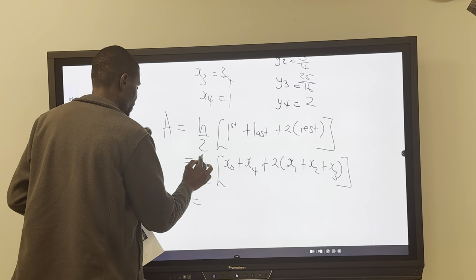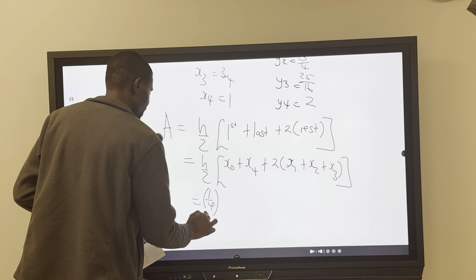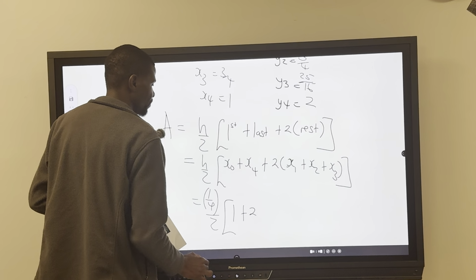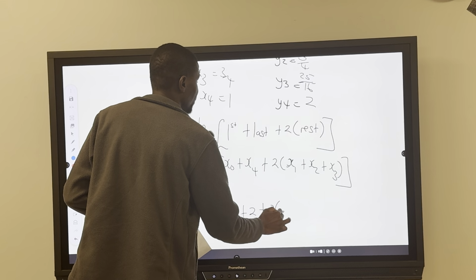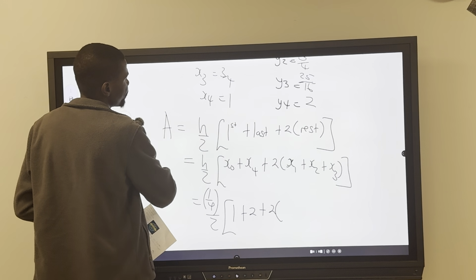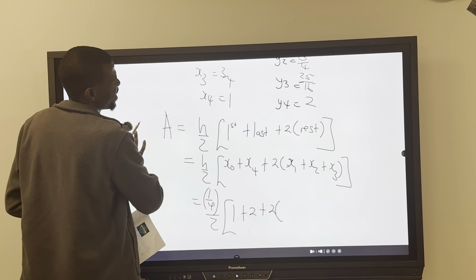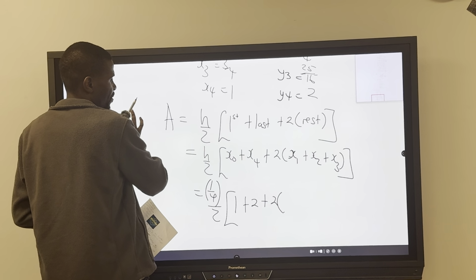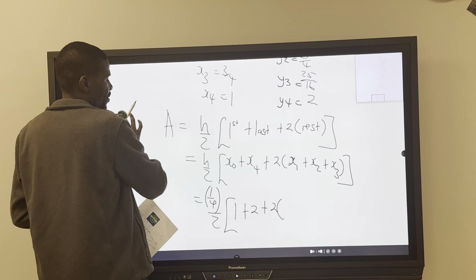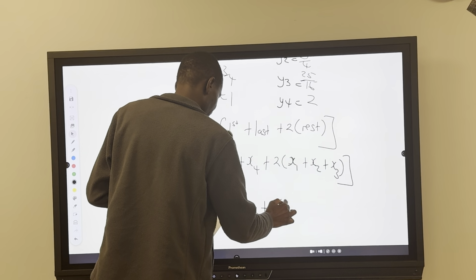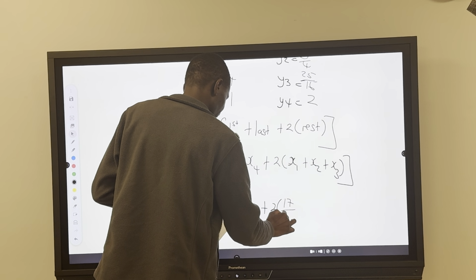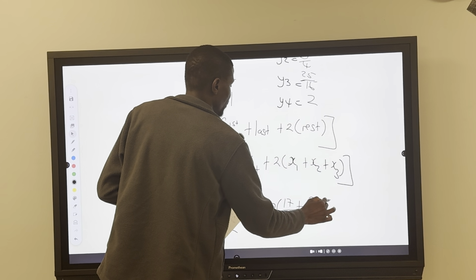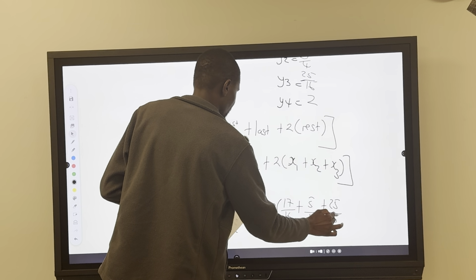So remember, height is a quarter divided by 2. So this was 1 plus 2 plus twice 17 over 16 plus 5 over 4 plus 25 over 16.